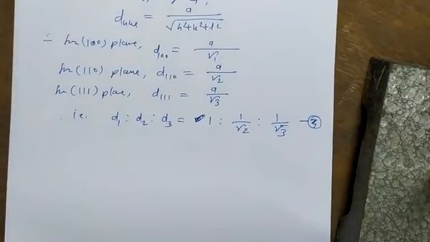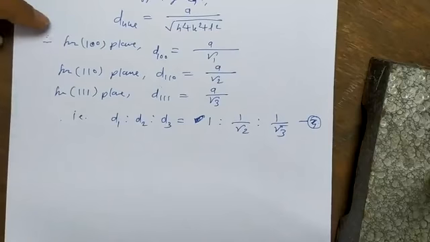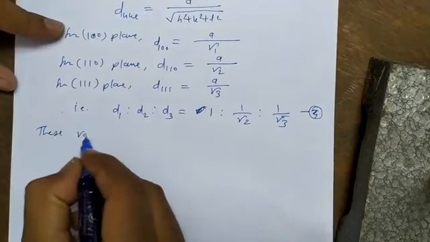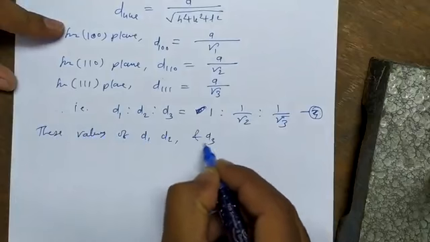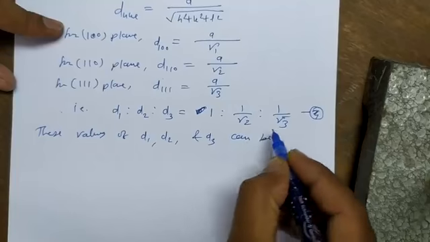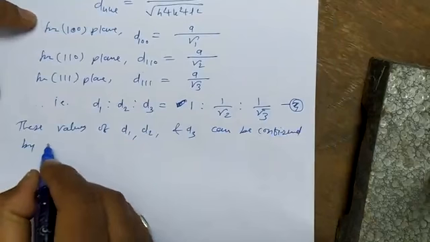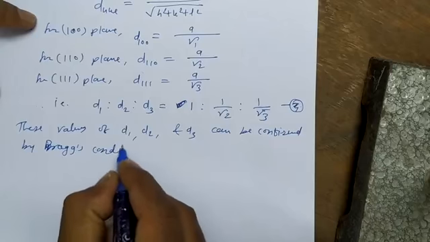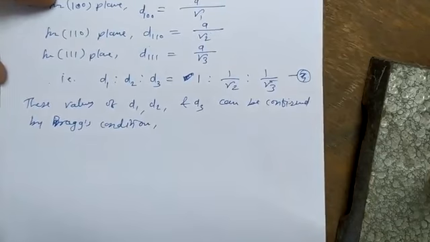Now these interplanar spacing values d1, d2, d3 can be confirmed by Bragg's condition, that is Bragg's law, which is 2d sin theta equal to n lambda.